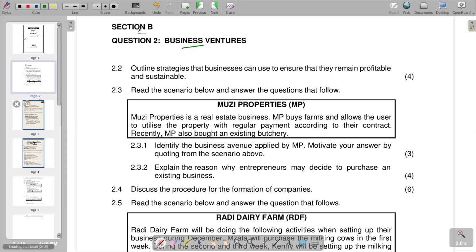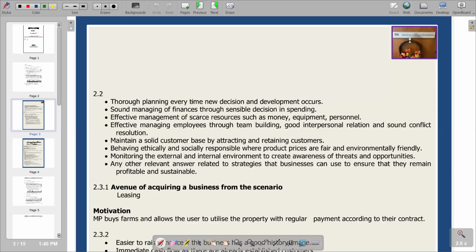Going to our answer section, you'll see that these are the strategies we have. The first one is thorough planning. Then sound spending. The next one, effective management of scarce resources such as money, equipment, and personnel. Next, effectively managing employees through team building, good interpersonal relations, and sound conflict resolution, and retaining our customers.